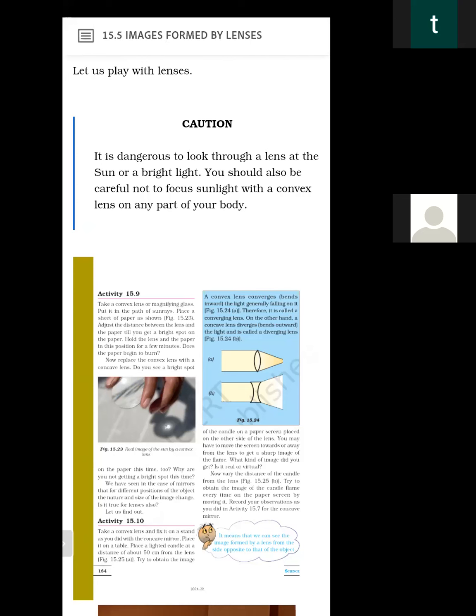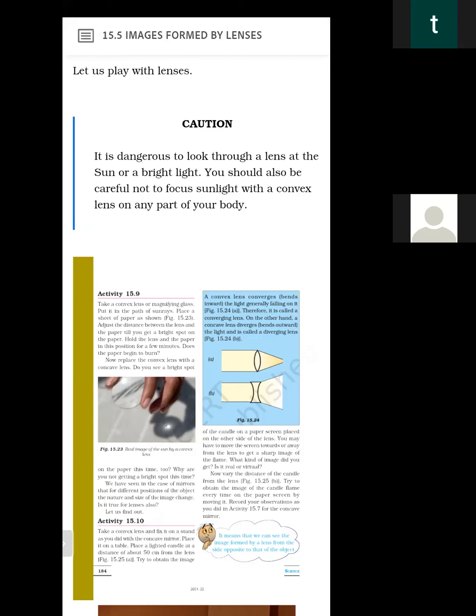Now replace the convex lens with a concave lens. Do you see a bright spot on the paper this time? No, because a convex lens converges the light rays. It collects the light rays and meets them at one point. That is why a convex lens is also known as a converging lens. Look at the figure in the blue box. In part A, we are using a convex lens.